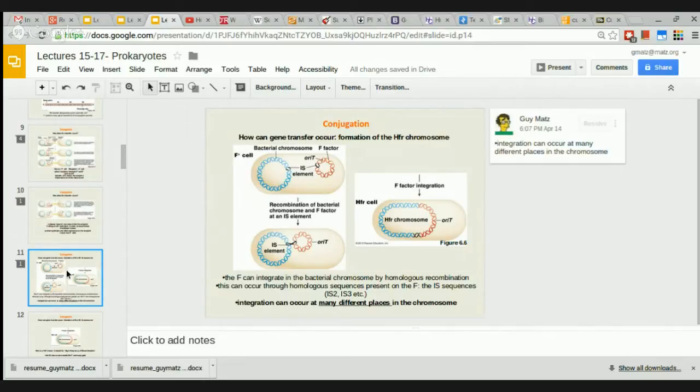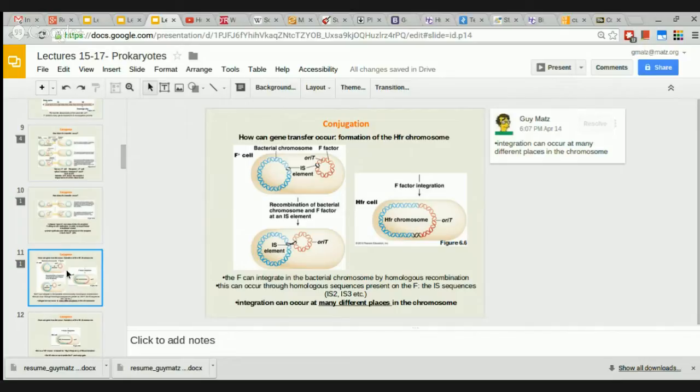Then you have the notion of F prime, which is due to an excision that uses sequences outside of the F on the chromosome.